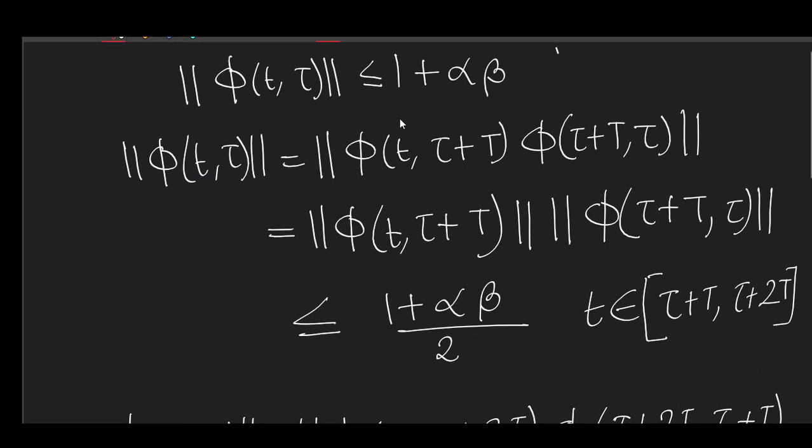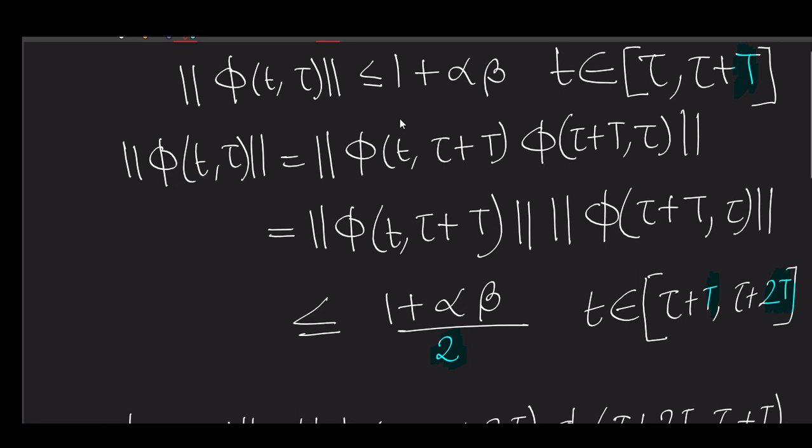For the first case, your t was tau plus T. Here what we are doing, it is tau plus T to tau plus 2T. Gap remains same, but what we are observing is that it is getting like your transition.